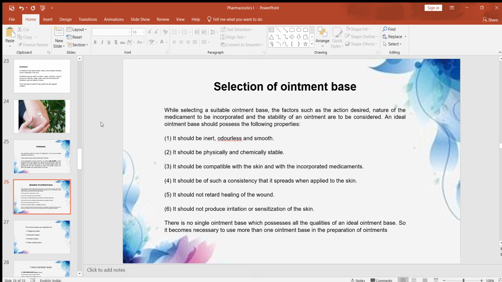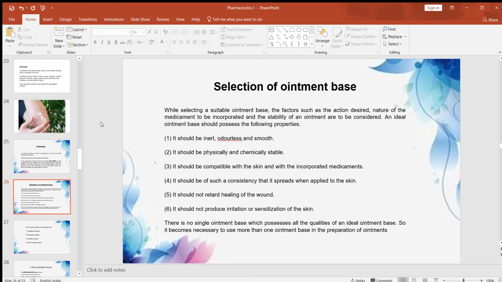Maximum ointments are used on the surface of skin, and a small portion on the mucosal areas. So what do ointment bases do? They act as a carrier. They carry your drug to the site of action, that is, the surface of skin. They also give this semi-solid consistency to your formulation.